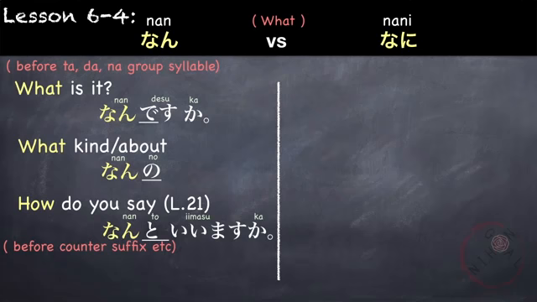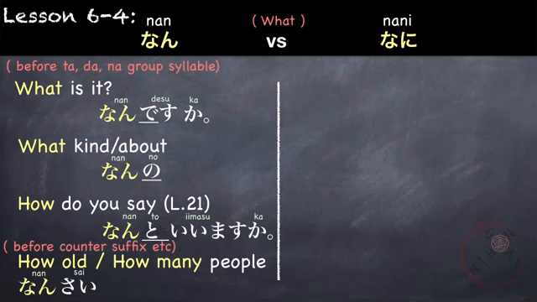For example, how old, which is nansai, or the suffix for people, how many people, nannin. Nin is the suffix for people or the counter for people. Other examples are nanmai, nangai, nanyobi, nannichi, nanji, nanfun, and so on.